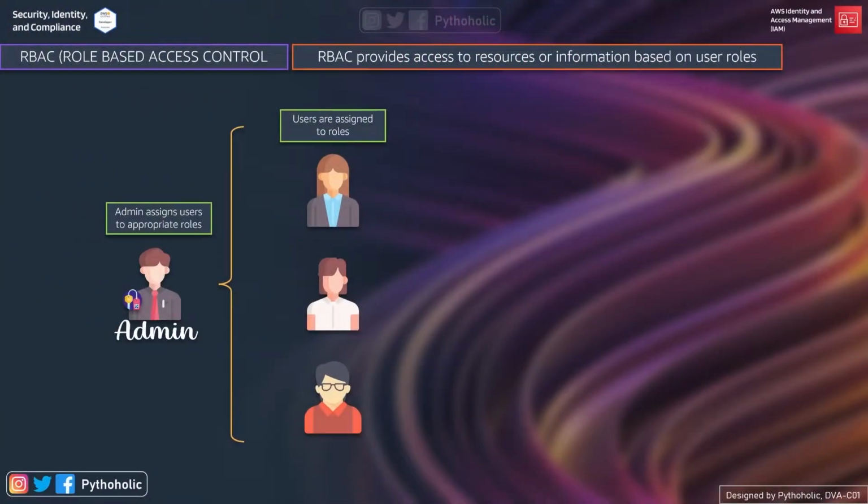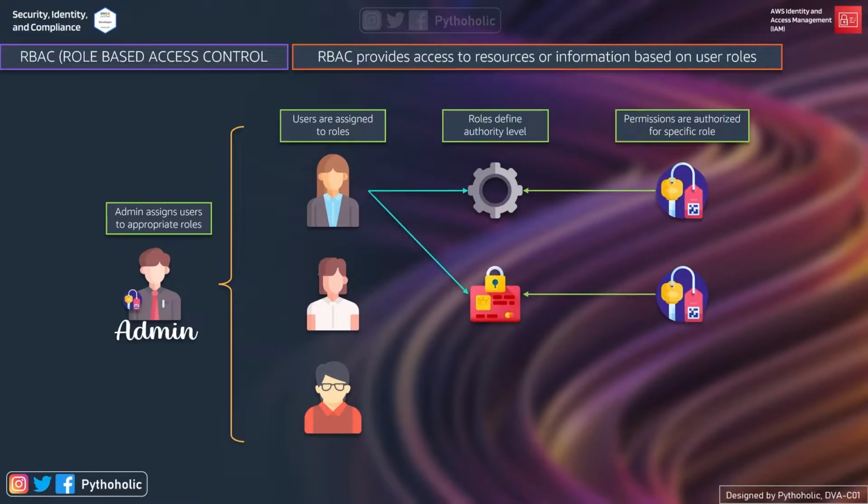We can see the admin actually assigns the users with the appropriate role like SRE, architect, or developer, etc. And we have the users here with their assigned role, based on which the roles are defined and the required authority level and permission is granted based on the specified role. So you define the role and then the permissions are authorized for specific roles.